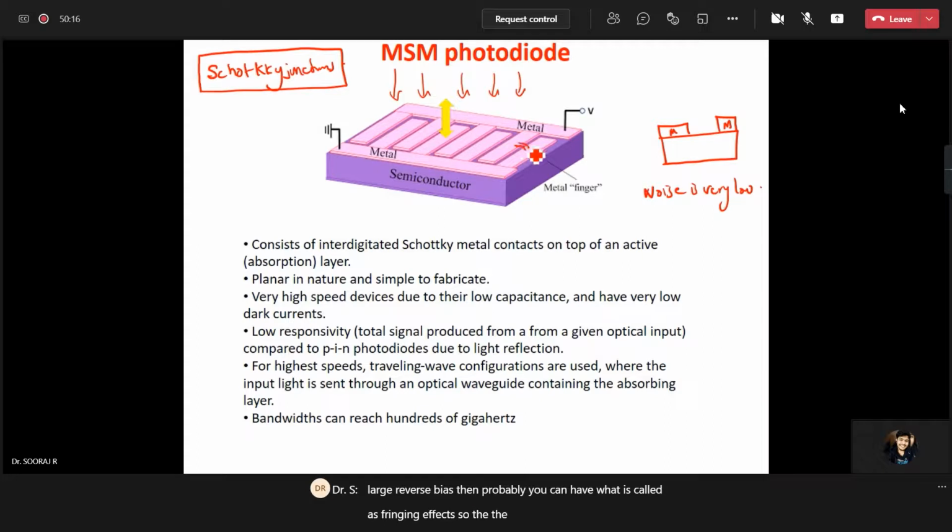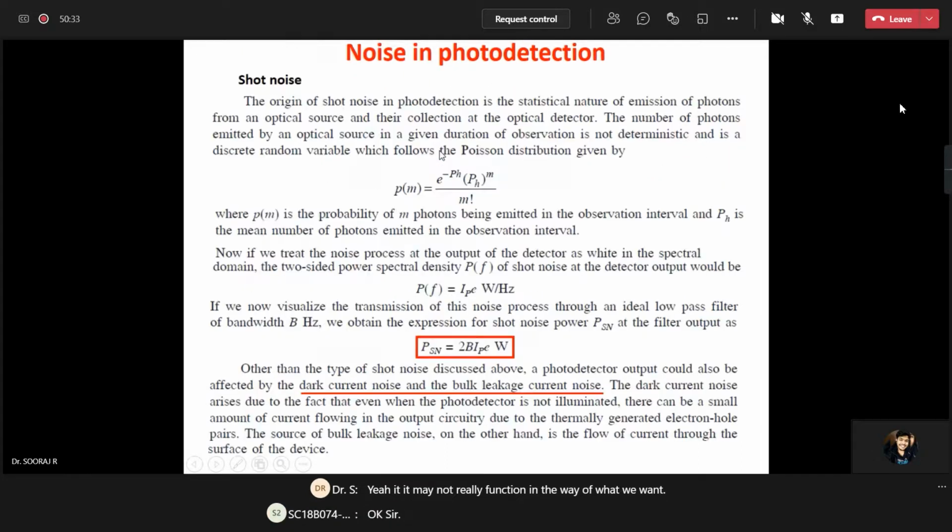You can have some kind of charge transfer between these two metal electrodes. So it may not really function in the way we want. Okay, sir.